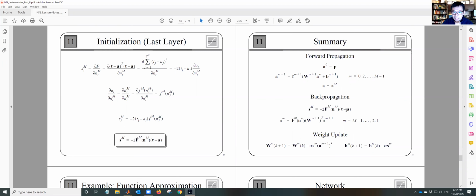T minus A is your discrepancy. Then you get the sensitivity in the last layer. You propagate backward, and then based on S, the weight, and the A you have, where A is the output of the previous layer, you update all the weights and biases. After you update, you forward propagate again, then back propagate again, and continue to refine the process.